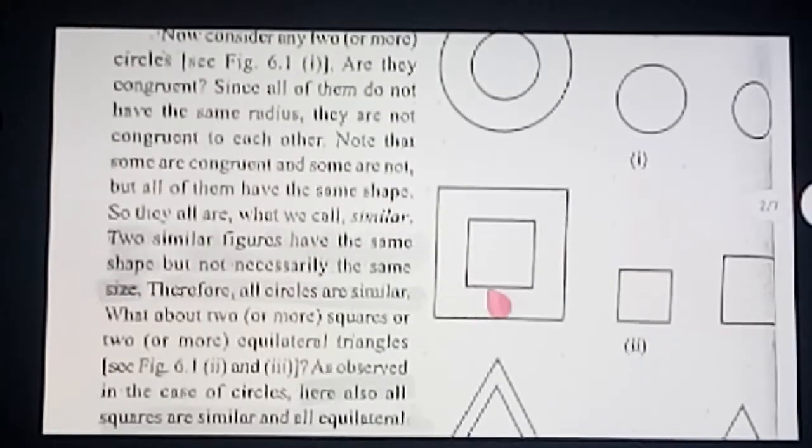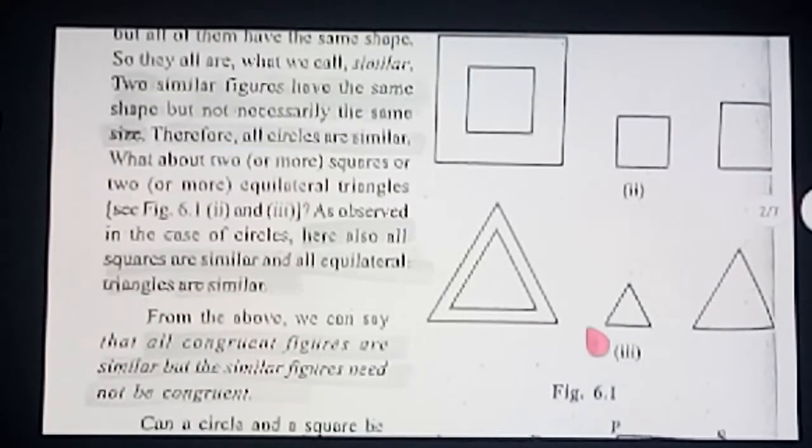Next one, you can see different squares. Here also, all squares are similar. And the next point, you can see different equilateral triangles. These all triangles are what type? Similar. Okay. So from this, very clearly you can say that all congruent figures are similar.